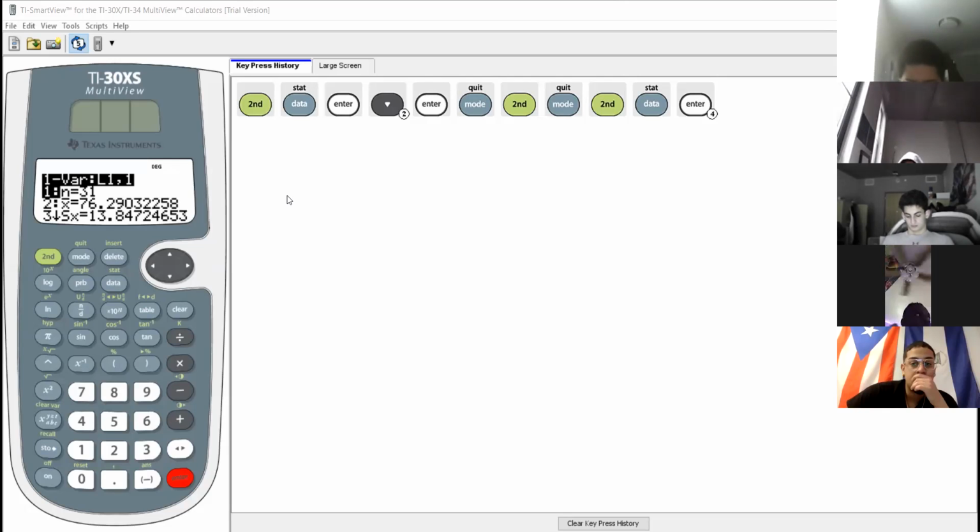Now, the variance, which might be mentioned in the book, is the square of the standard deviation. So that third number there, 13.847, if you square that number, you get what's called the variance. But typically, the standard deviation is shown right here with the calculator. Now, the question is, what else does this calculator show?